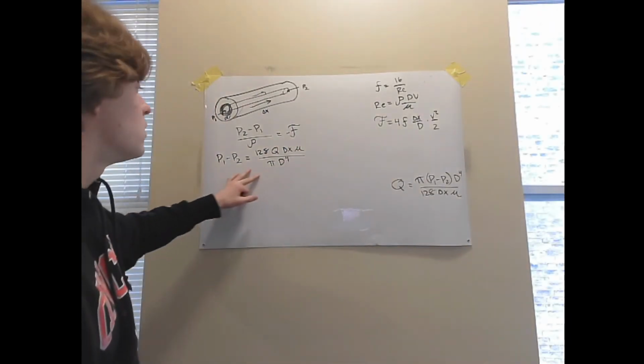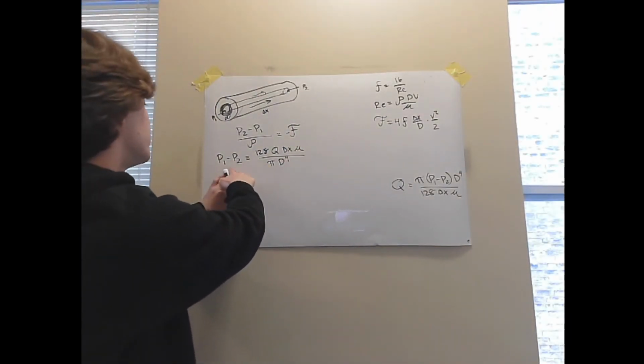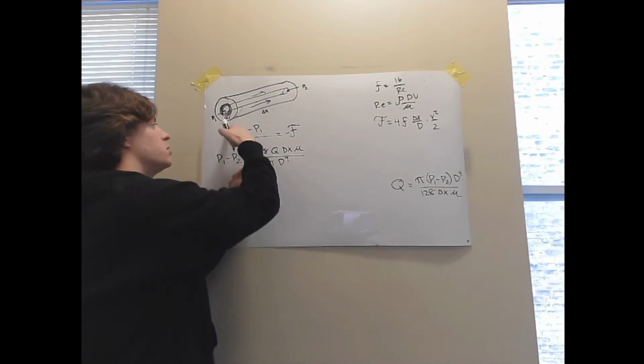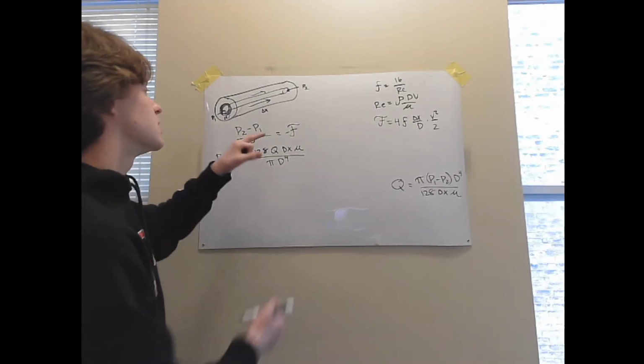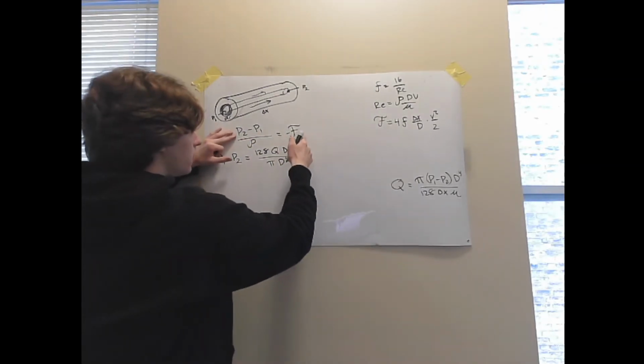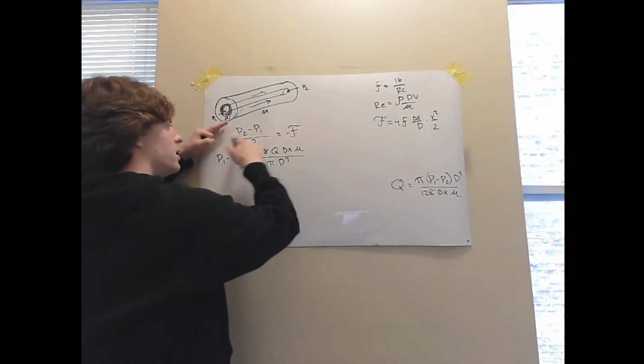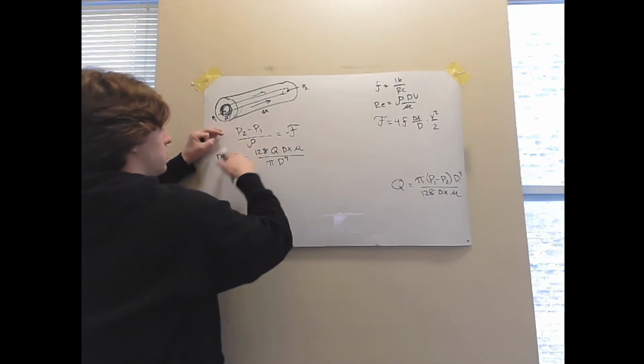Once we solve this equation for P1 minus P2, we can plug it in here because we can multiply both sides by -1. That way this term is positive on the right, and that'll flip this to P1 minus P2.